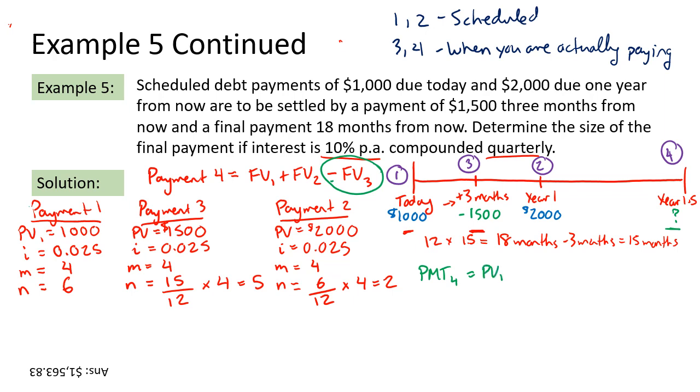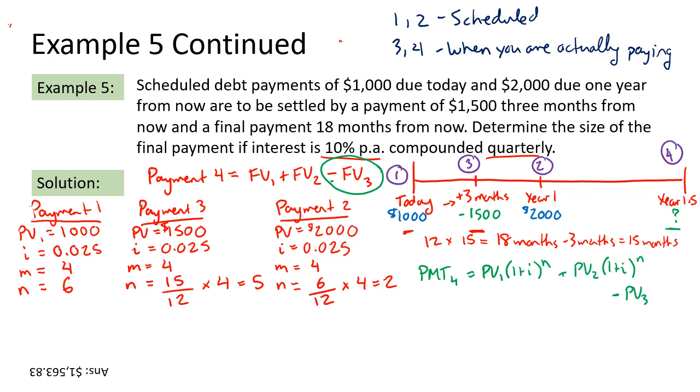So it's equal to our present value for number 1 times 1 plus our periodic interest rate to the exponent n, and that's the number of compounding periods for that payment, plus future value calculation number 2, which is present value for scheduled payment number 2, times 1 plus the periodic interest rate to the exponent n, minus present value for item number 3.